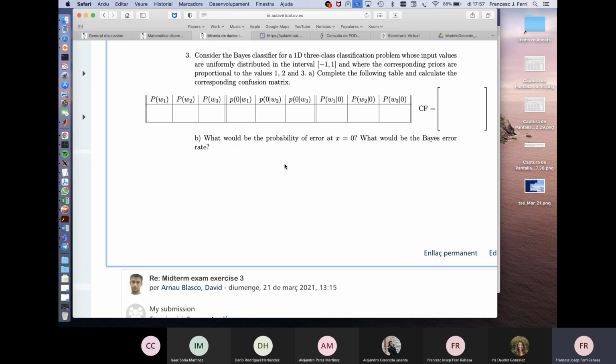But that's only in the case that everything is between the interval -1 and +1. We are starting by saying that input values are uniformly distributed in the interval -1, 1. There are no other points outside that. If there were, the distribution wouldn't be this one, it would be different.